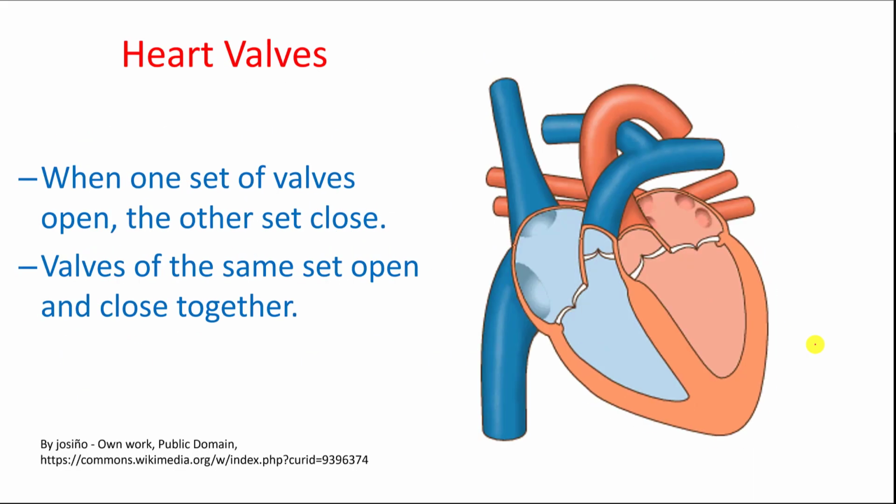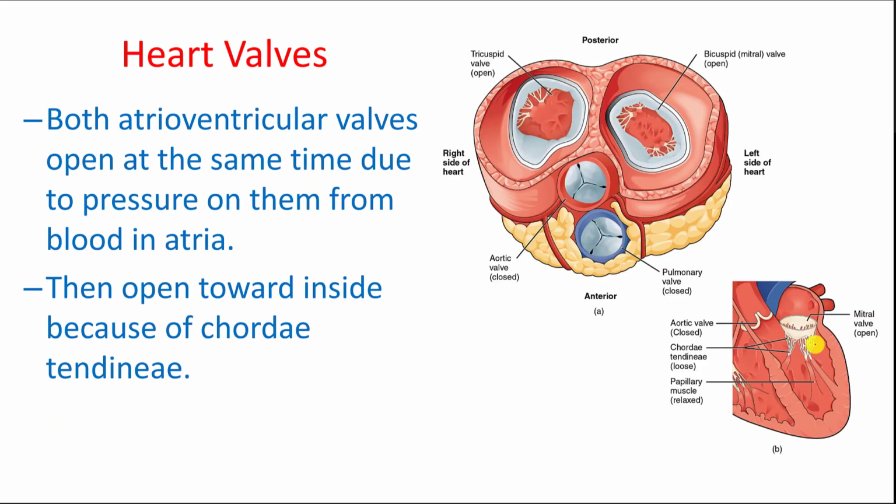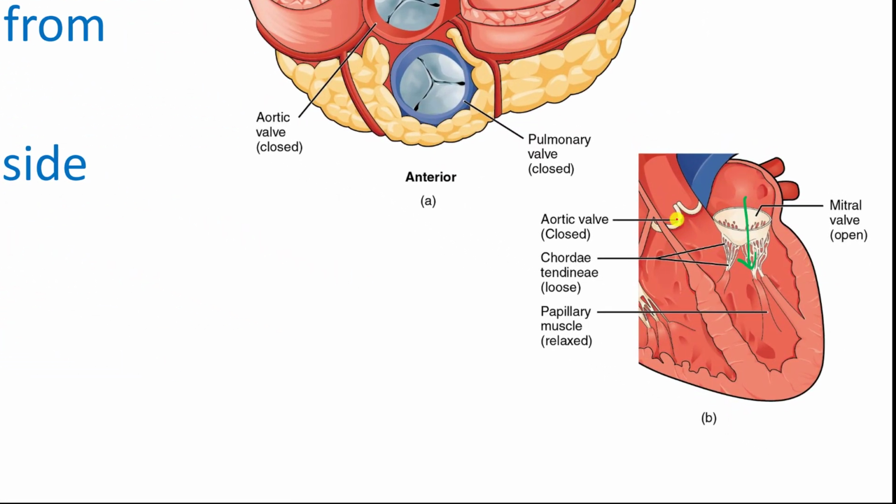Now, let's talk about the semilunar valves. When we are filling the ventricle, the semilunar valves will be closed. Technically, those are closed for two reasons. First one, not enough blood pressure from the ventricles. In order to open, we need so much blood pressure here.